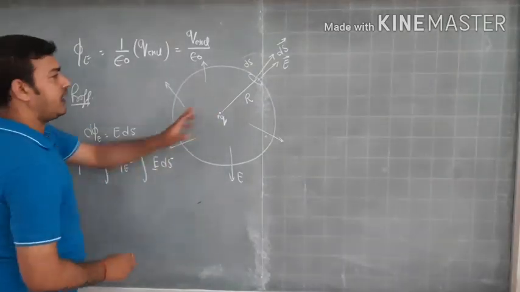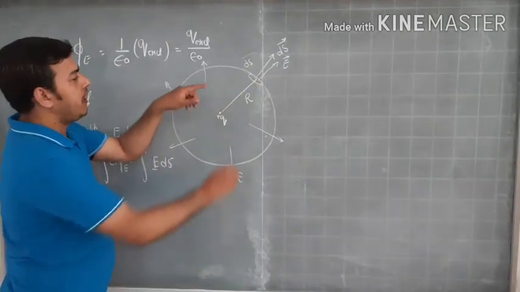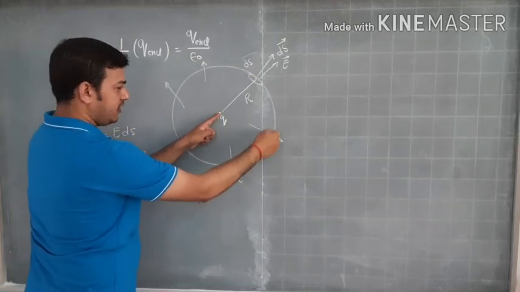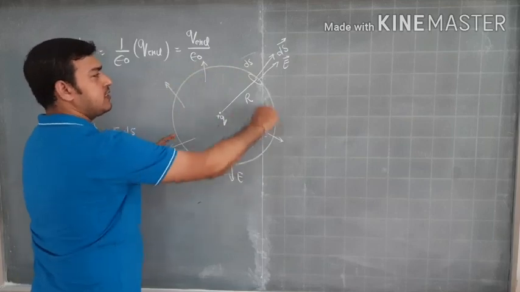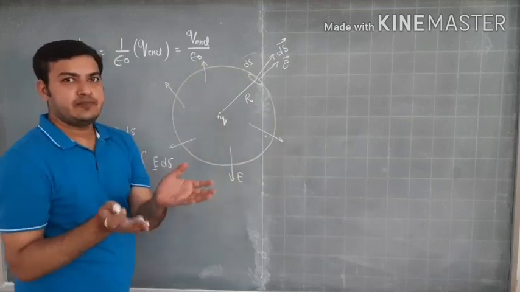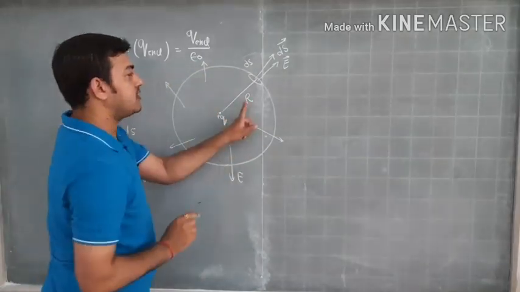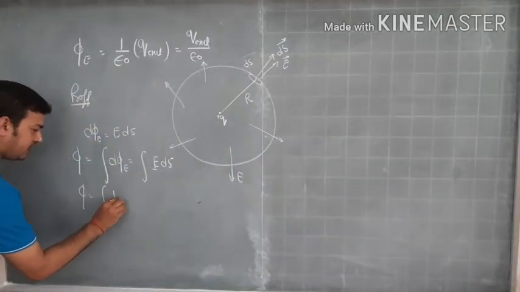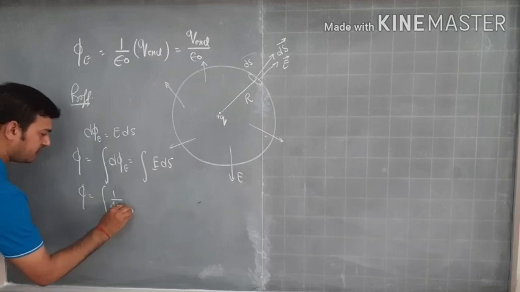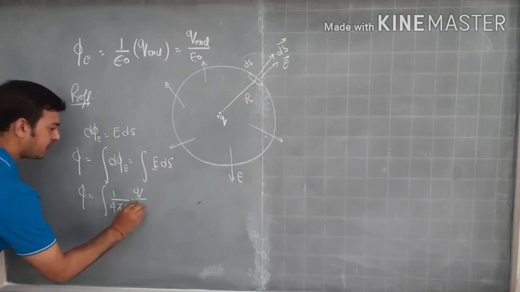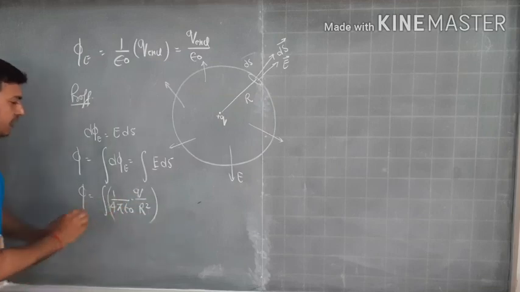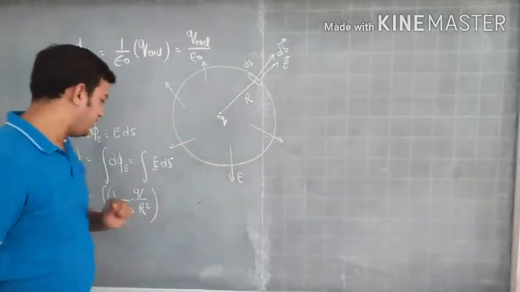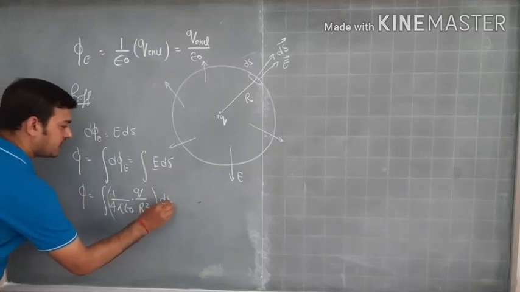So the field I can calculate at this point, and you will see that this magnitude of electric field will remain constant throughout the surface, since all the points of this spherical shell are at the same distance r. So the formula for the point charge electric field is 1 by 4 pi epsilon naught q by r square, and this magnitude of electric field is same everywhere on the surface of this spherical shell, and this is ds.